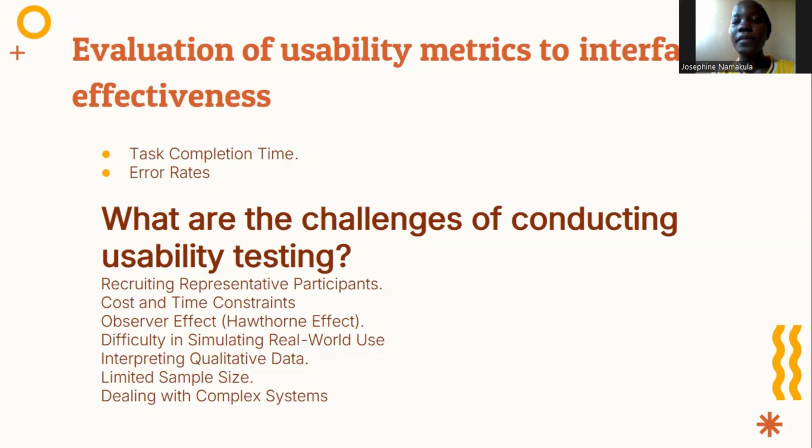Often due to budget or time constraints, testing is done with small sample sizes, which may not capture the full spectrum of usability problems. There's dealing with complex systems, like understanding how to structure usability tests to cover all relevant features and tasks, which can be daunting.